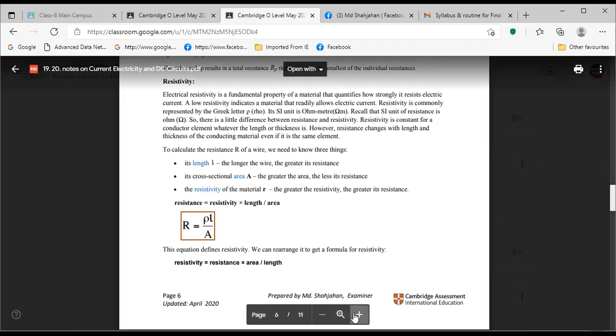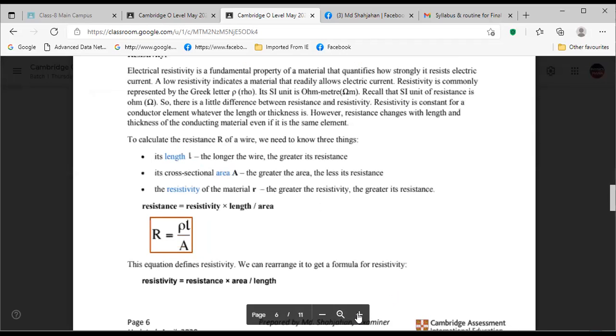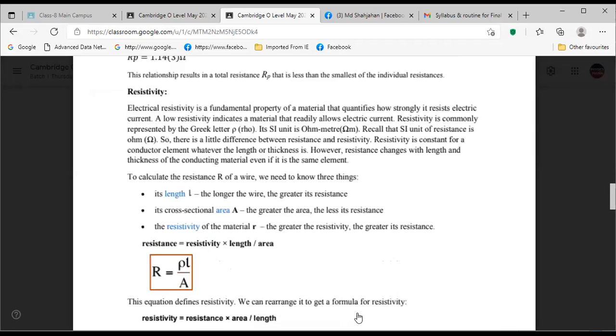Resistivity is a fundamental property of a material that quantifies how strongly it resists electric current. A low resistivity indicates a material that readily allows electric current. Resistivity is commonly represented by the Greek letter rho. Its SI unit is ohm meter. Recall the SI unit of resistance is ohm.